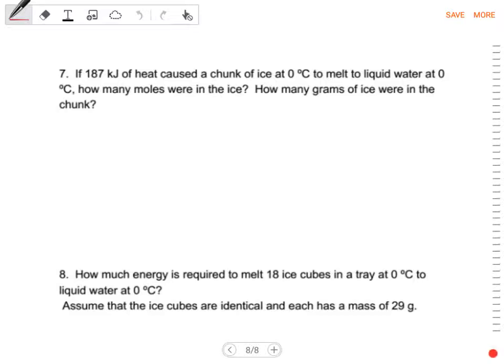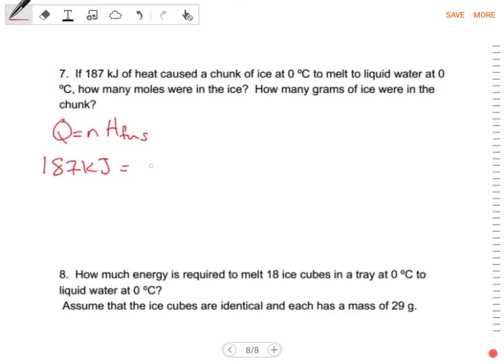All right. This again is just essentially another rearrangement of the formula. This time we're dealing with fusion because we're talking about ice. So Q equals nΔH fusion. They're going to tell you that you have 187 kilojoules.